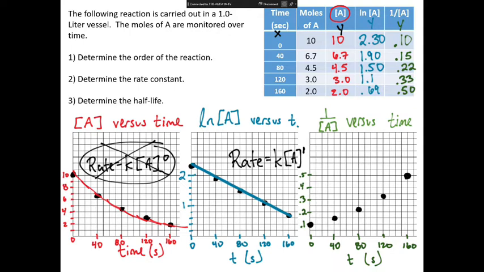If I can't really tell if it's linear or not, I would put a straight edge up next to it. And when I do that, I realize, oh, that's not as linear as the other one.